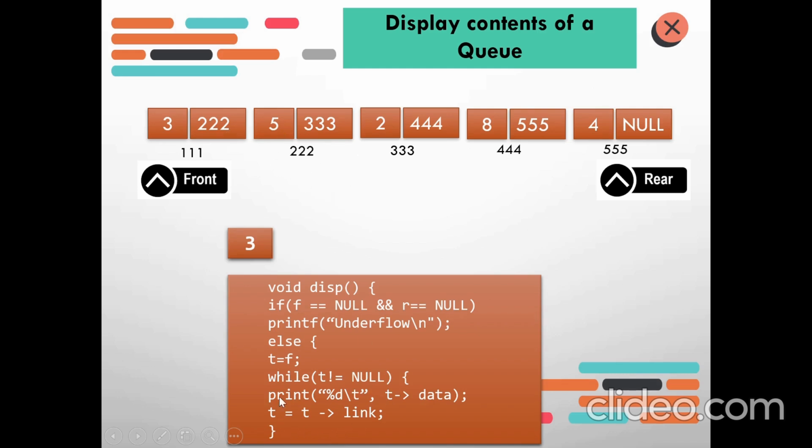Right? So going back to the while loop, t is 2 2 2, which is not equal to null, so it would be printing the data part of t. So data part of 2 2 2 is this 5. Right? And then we would do the same for this node and this node and this node till the contents are exhausted, or we have traversed the whole queue.